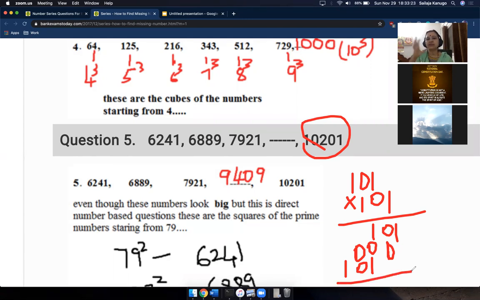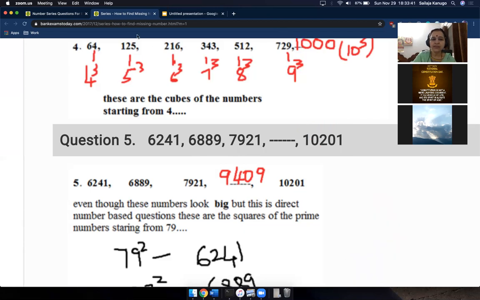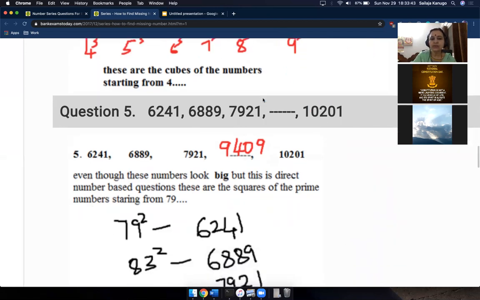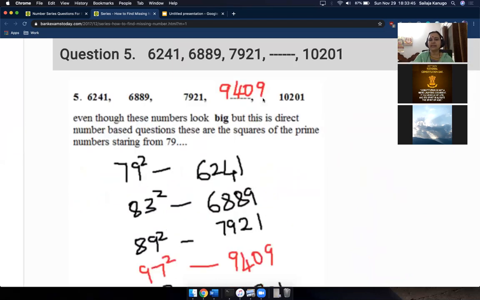Oh, it's a perfect square. So this is 101 whole square. So now let me go back and see. Maybe the remaining are also perfect squares. I will check out with my long division method. So I have observed that here this will be 79 square, 83 square, 89 square, and 97 square.